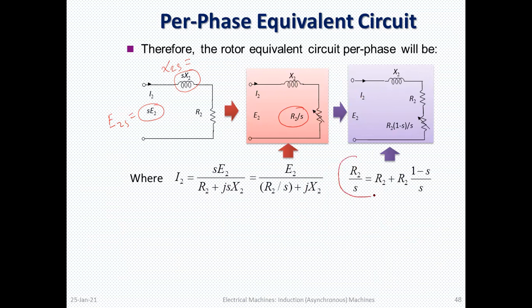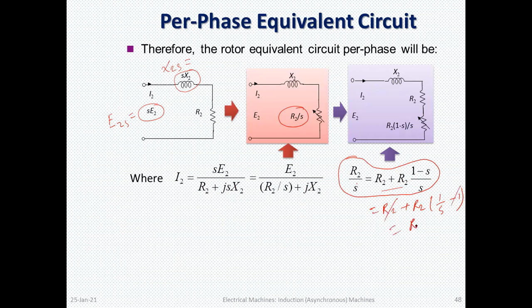This right side is the same as the left side: R2 plus R2 multiplied by (1 minus S) divided by S. If we simplify this relation, the right side is R2 plus R2 multiplied by (1 by S minus 1). So this R2 will come here in minus, and this term and this term will cancel out.